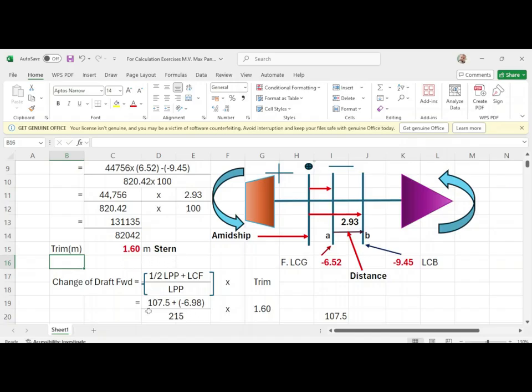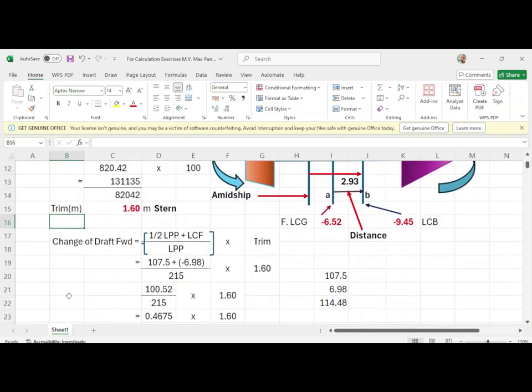Now, next we are to find out the change of drop forward. So this is the formula. Change of drop forward is 1/2 LPP.